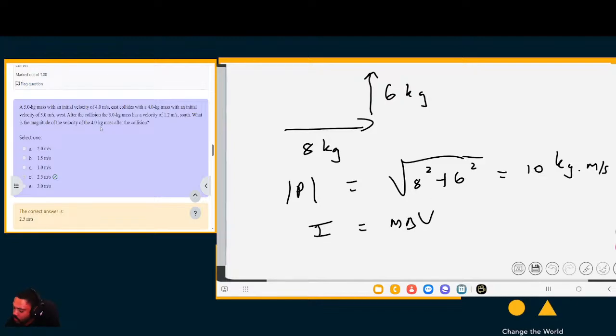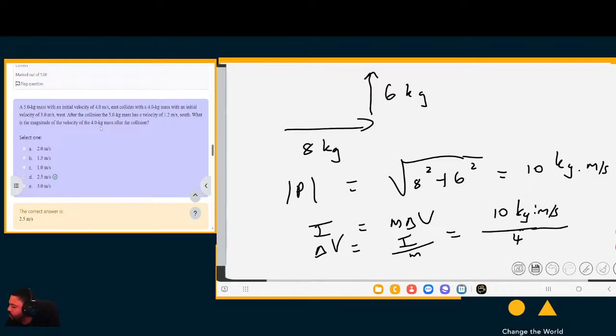The change in velocity is what we want. So the change in velocity is equal to impulse over mass, for the 4 kilogram block. Its net momentum is 10 kilogram meters per second, and its mass is 4 kilograms.